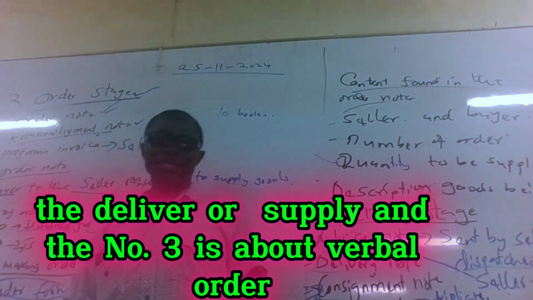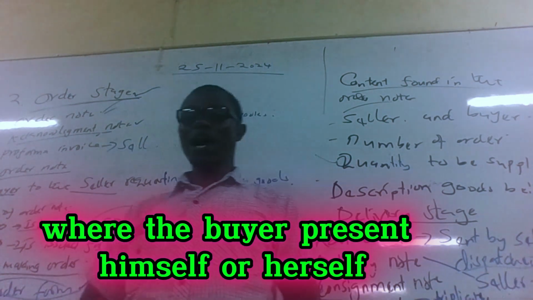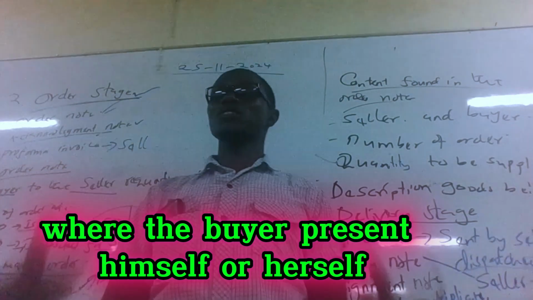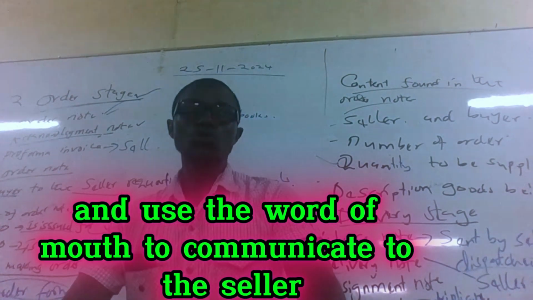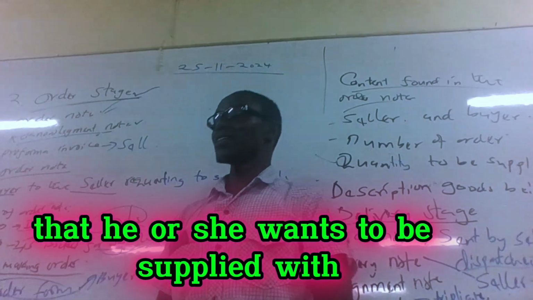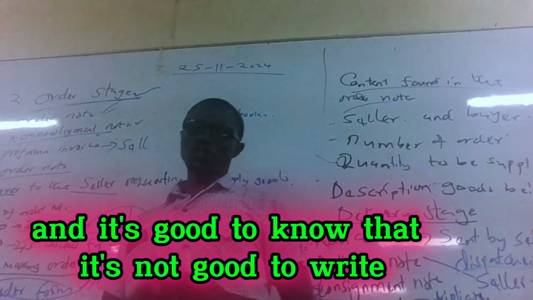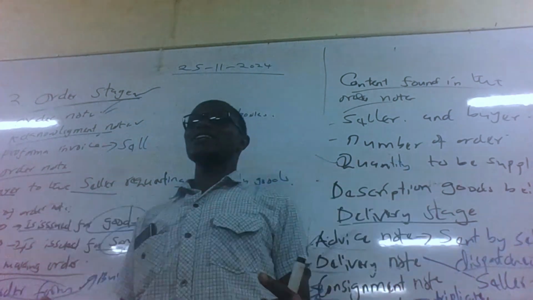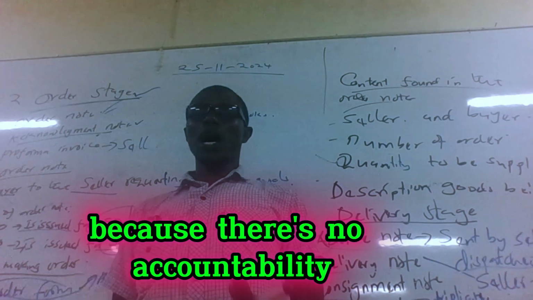Number three is about FAPO order. FAPO order is where the buyer presents himself or herself to the seller and uses word of mouth to communicate to the seller the type of goods that he or she wants to be supplied with. It's good to note that it's not good to use FAPO order because there is no accountability.